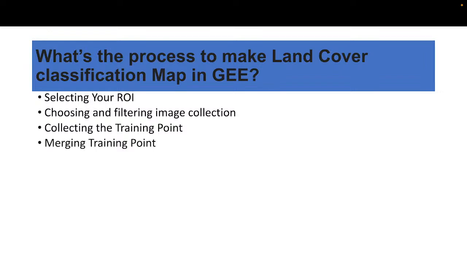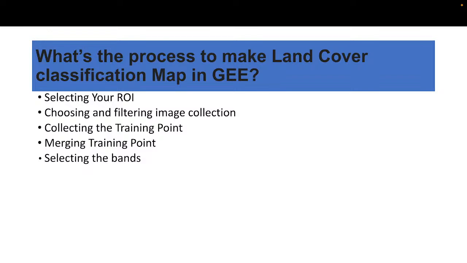For this step we need to merge all of the training points together. Suppose I take the training sample for water body, for vegetation, for built-up. All of the training samples just need to be merged together, and after merging we need to select the bands. My target is to extract the pixel values of all bands, so I select the bands whose pixels I want to extract.